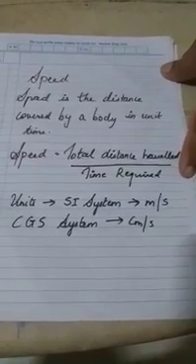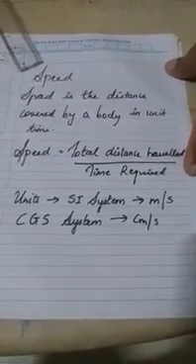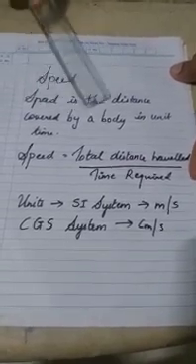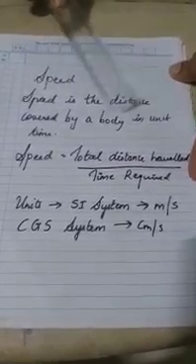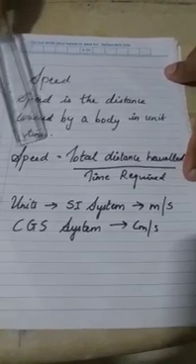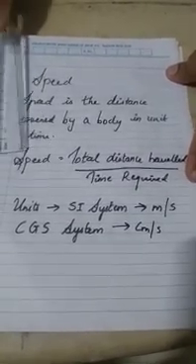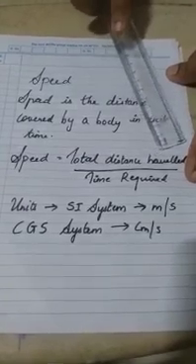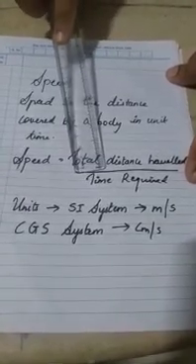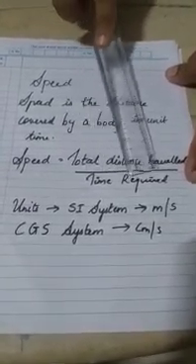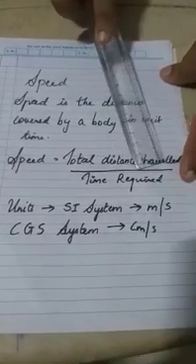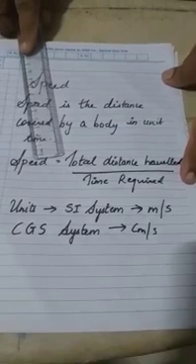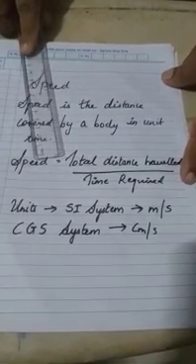Now let us come to another term, speed. Speed is the distance covered by a body in unit time. It can be given by speed is equal to total distance traveled divided by the time required to travel that distance. For example, we had taken the distance traveled from the house to the school.